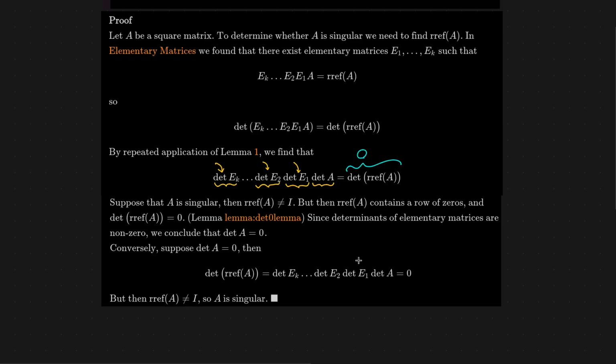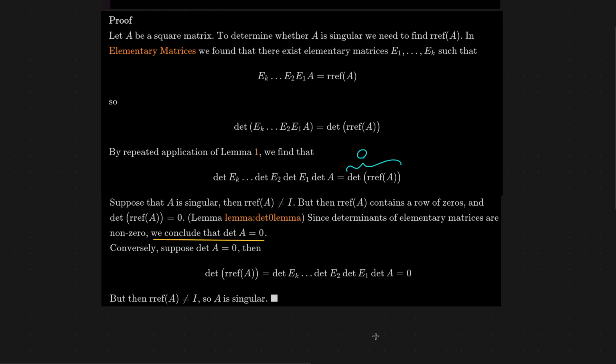So it'd just be equal to the determinant of the identity matrix, which is 1. So the determinant of elementary matrices will never be 0. So that must mean the only other determinant that's left that could be 0 is the determinant of A. And so we conclude that if matrix A is singular, then the determinant of matrix A must be 0.